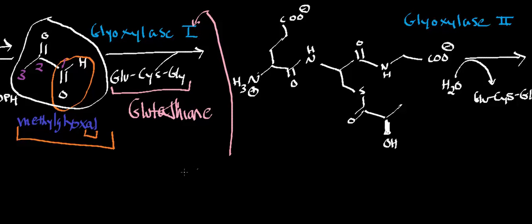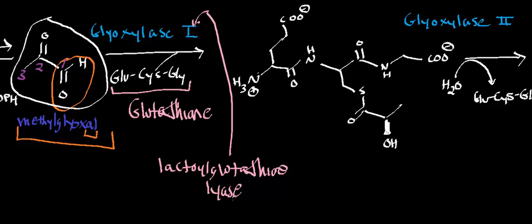The other name for this is lactoyl glutathione lyase. So it is a class 4 enzyme, although when you first look at it, it doesn't really look like it, but it is. So this is lactoyl glutathione lyase, or glyoxalase 1.